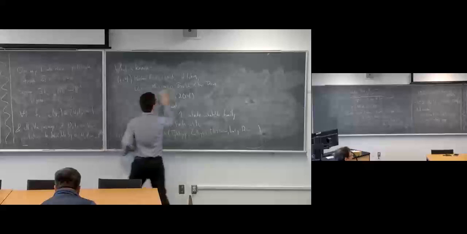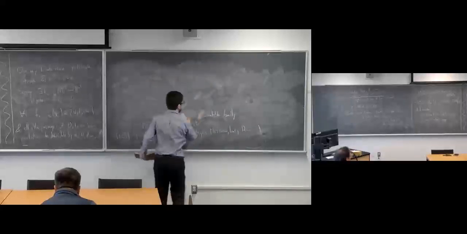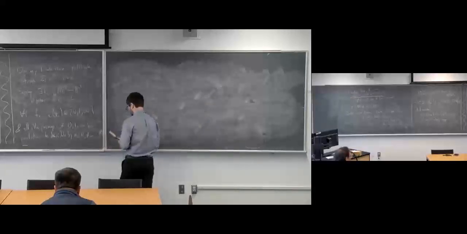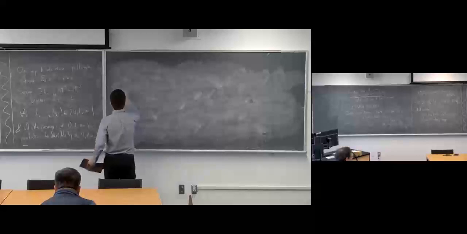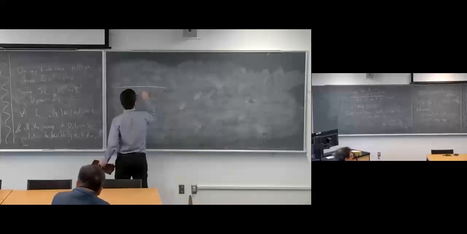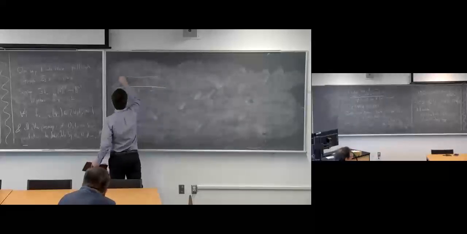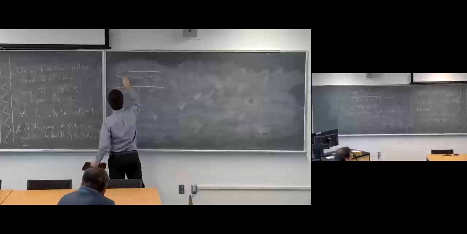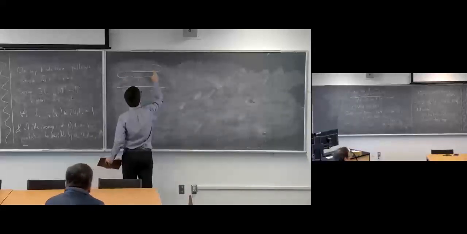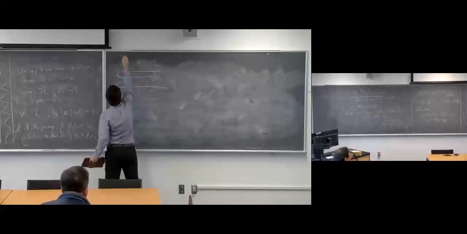Let me draw a quick picture. Here's 0, 1, and infinity, and then we give some sheets of the cover. So maybe this is x1, x2, x3, x4, and then I want all the other preimages of these points to be ramified.